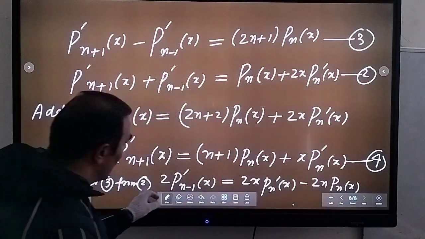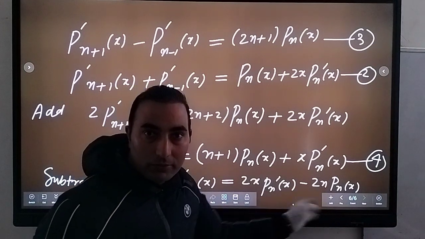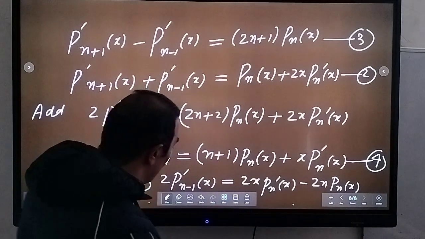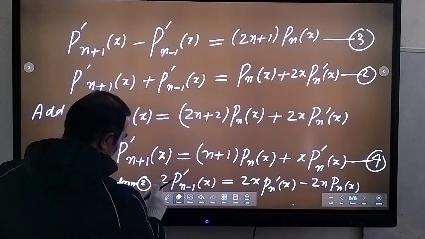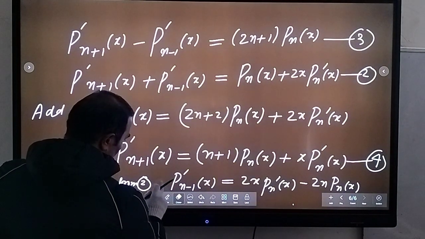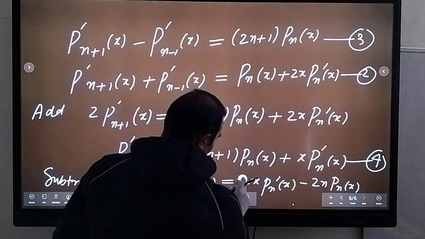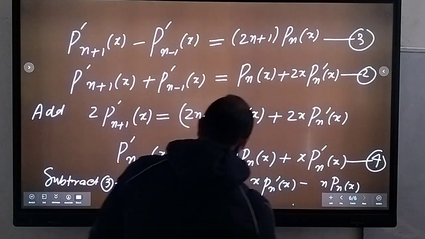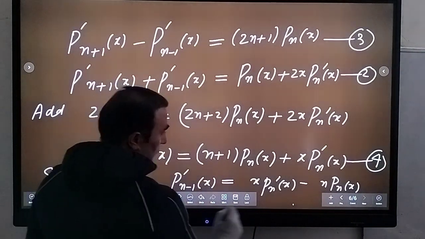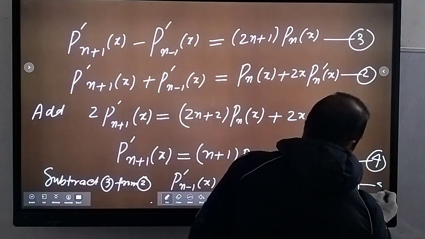Now 2 is common on both sides, so you can cancel that. Or you can write this. So this is our fifth recurrence relation.